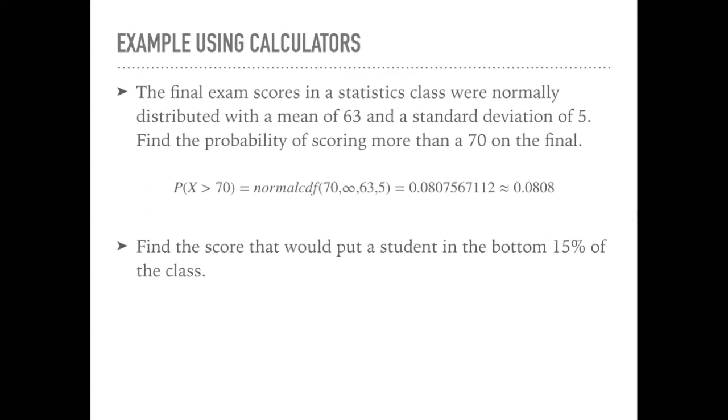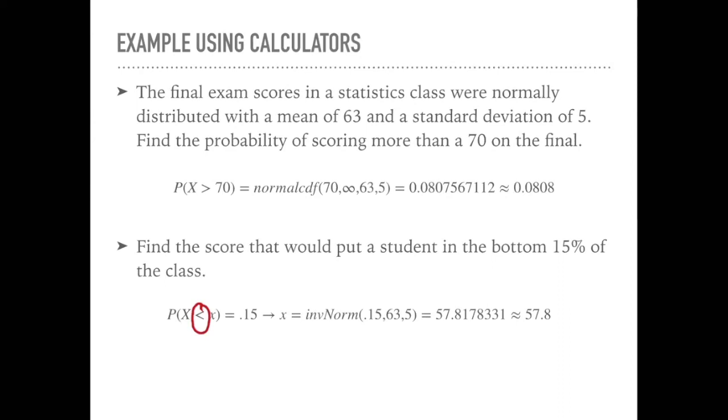And then finding the score that would put a student in the bottom 15% of the class. Saying the probability that x is less than little x is equal to 0.15. So it means x is equal to inverse norm, 0.15, which is your area to the left. We know it's area to the left because our inequality symbol is pointing to the left.